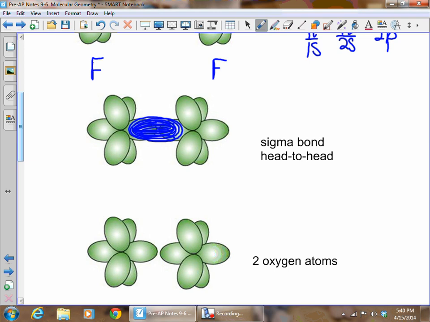This is called a sigma bond, and a sigma looks kind of like an O with a little tail at the top. Every single pair of elements that bonds first bonds with 1 sigma bond. Now there are other types of sigma bonds we're not going to get into. I wanted to show you the ones that are happening with these nonmetals today.